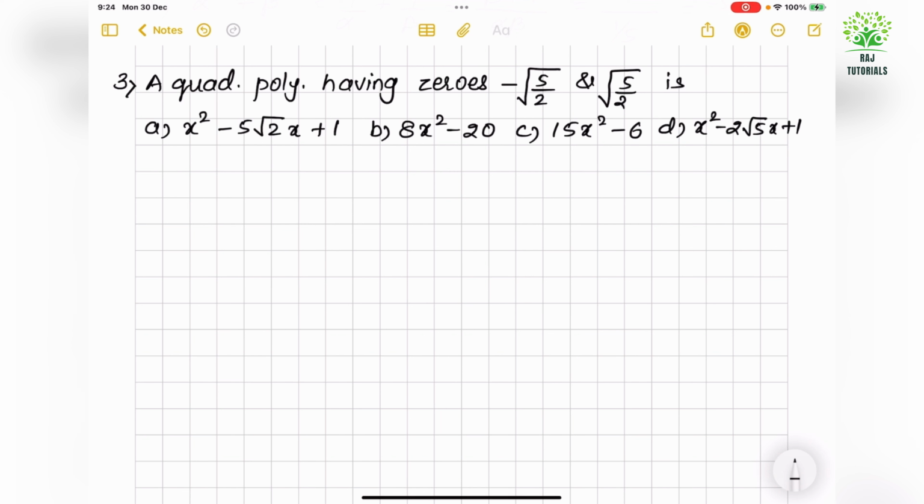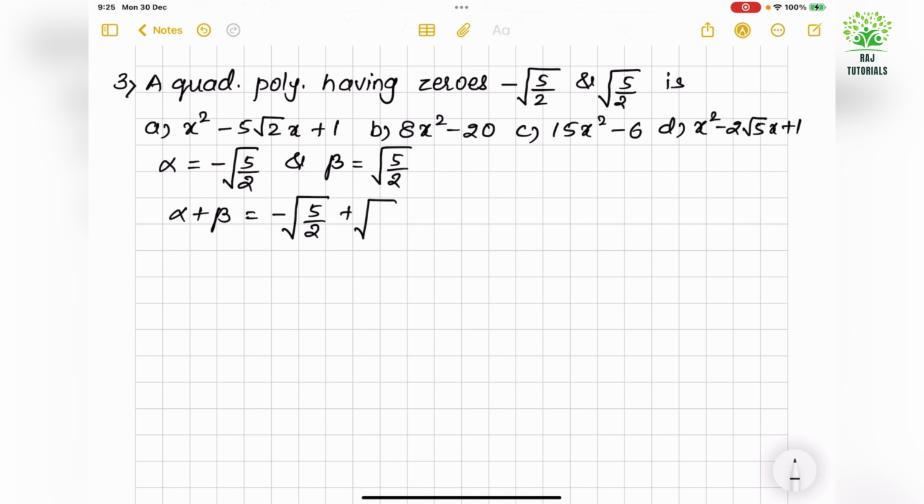So here alpha is given as minus root 5 upon 2 and beta is root 5 upon 2. So if I add alpha plus beta, I will get minus root 5 by 2 plus root 5 by 2. So that will be 0 and alpha beta will be minus root 5 by 2 into root 5 by 2. So that will be minus 5 upon 2.